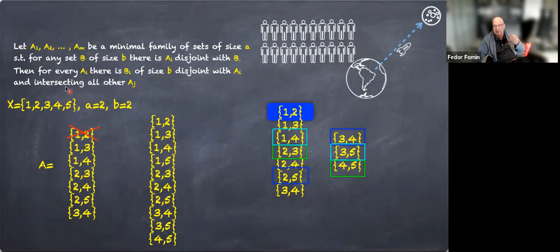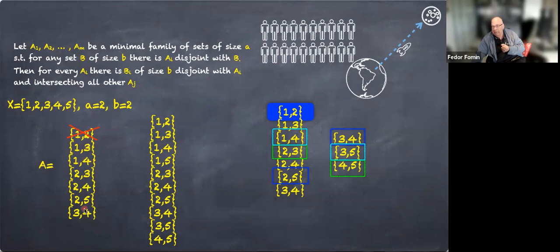And this is exactly the property which I discussed here. If I have a minimal family of sets, then for every set in the family, there is always a set outside it which is disjoint. But because of the minimality, this should be a unique representative of this set. So the corresponding set BI should intersect all other members of the family.